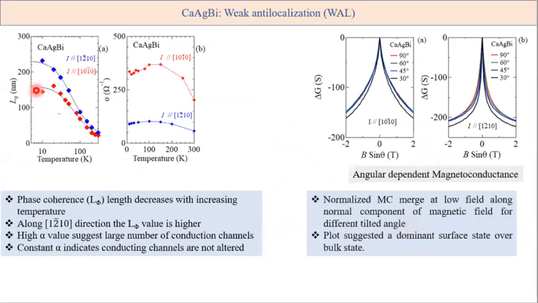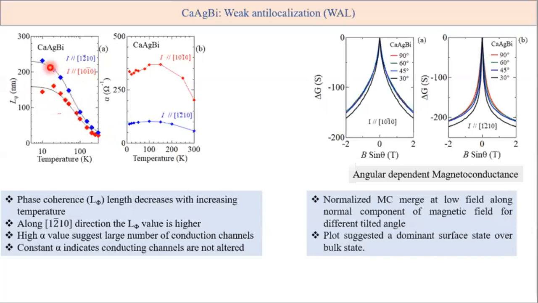We have an idea about the alpha value also, but we want to see how alpha and phase coherence length change with temperature. This has been measured in different directions, and you can see as you increase the temperature, the L phi value, the phase coherence length, decreases because the phononic contribution comes into the picture.